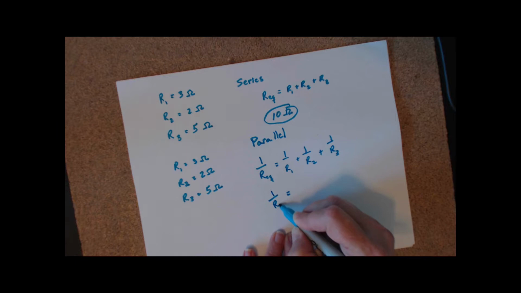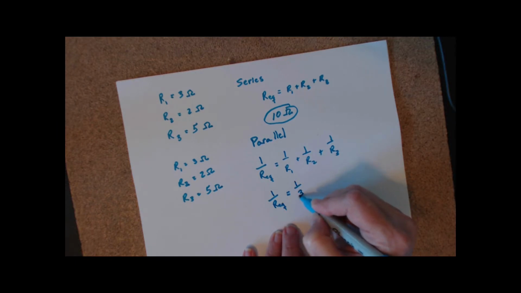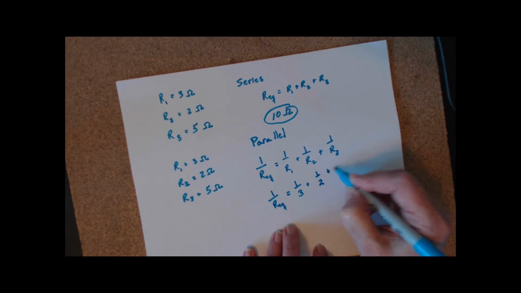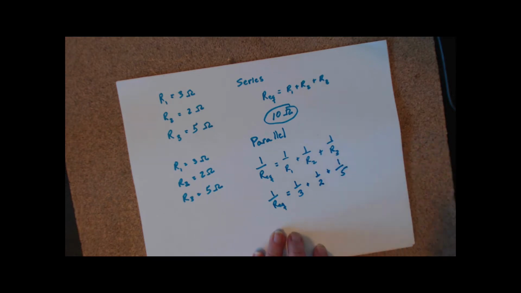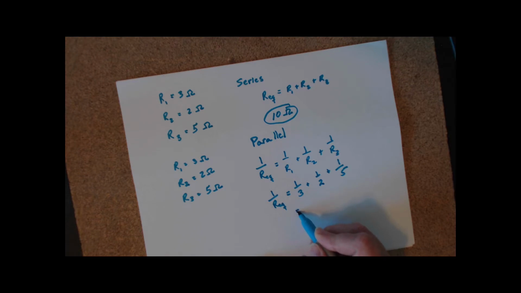You can do parentheses 1 divided by 3, close parentheses, plus 1 divided by 2, close parentheses, and so on. When you get your answer, in this case 1.033, remember that that is not the equivalent resistance.